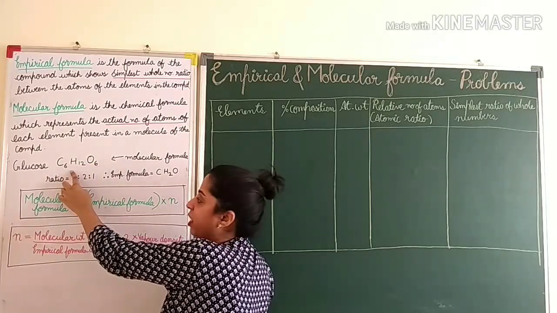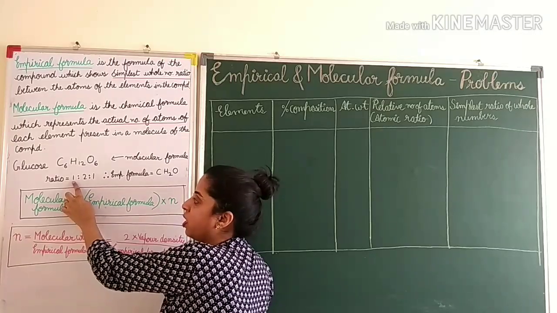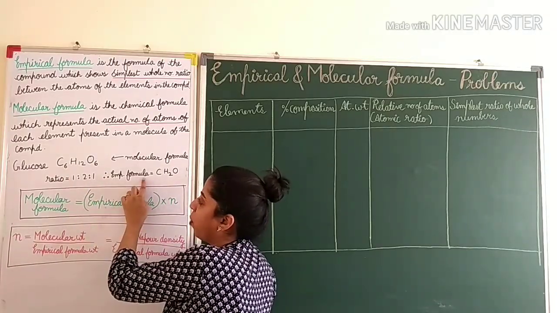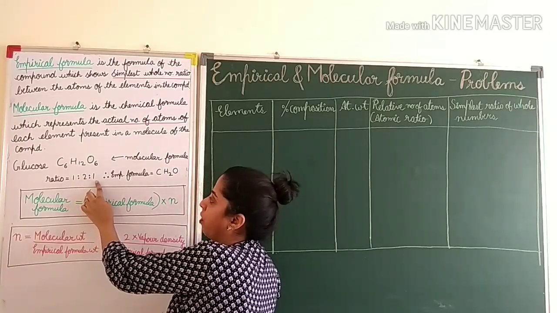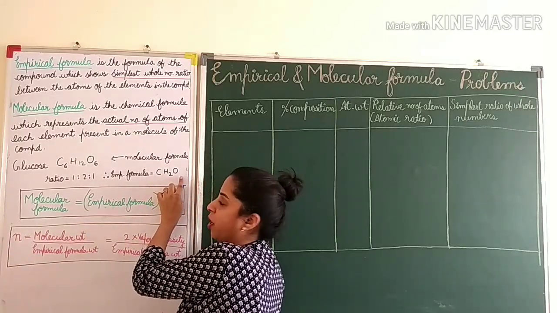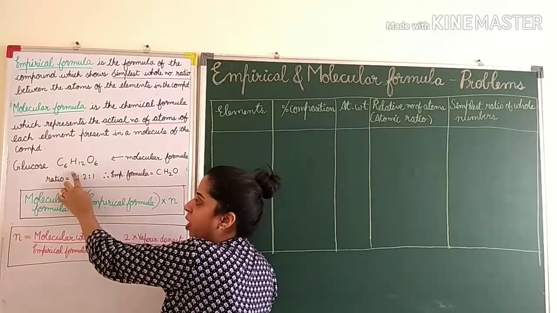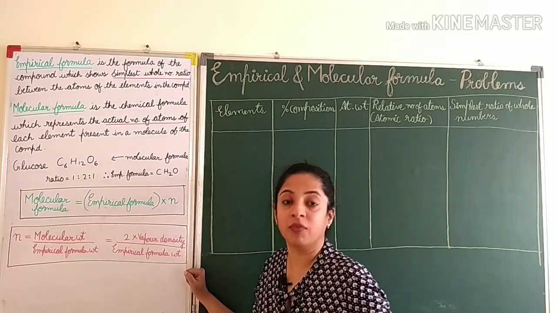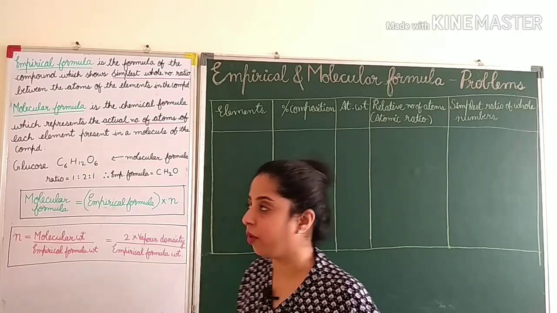If I take out the ratio, 6 is to 12 is to 6, the simplest ratio is 1 is to 2 is to 1. So the empirical formula is CH2O. The empirical formula is that formula which gives the simplest whole number ratio of the atoms of the elements that are present in a molecule of a compound.